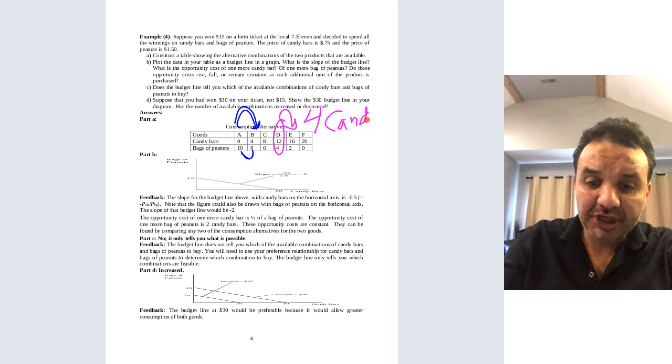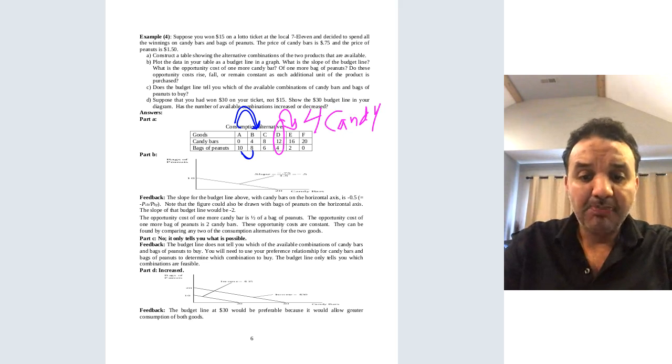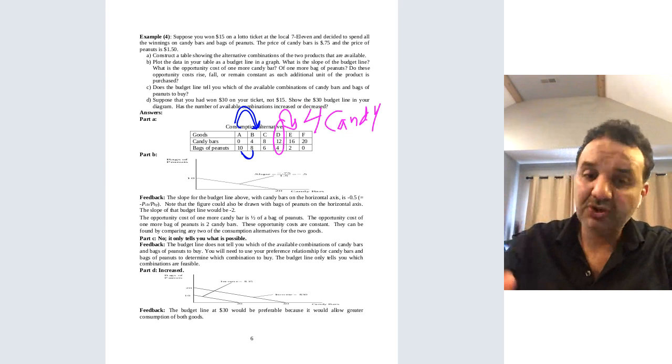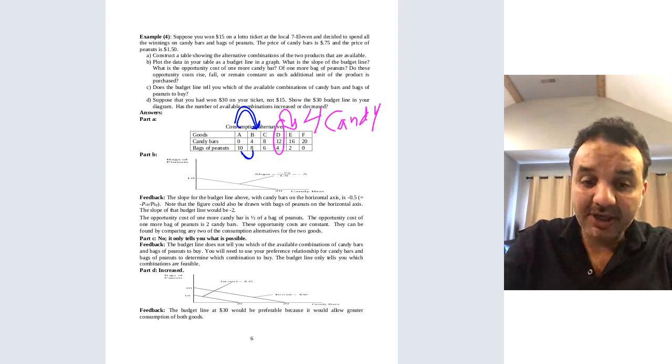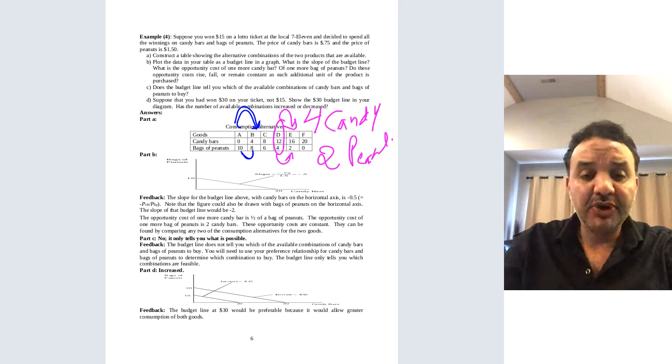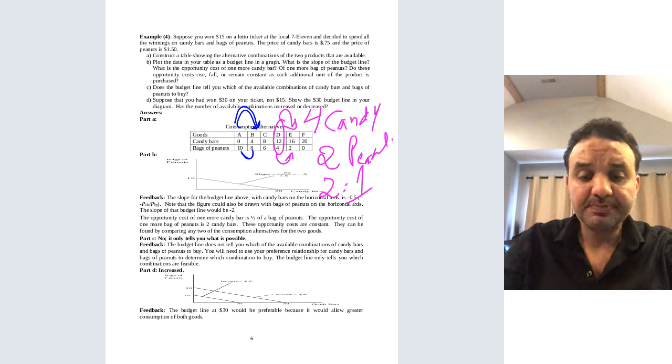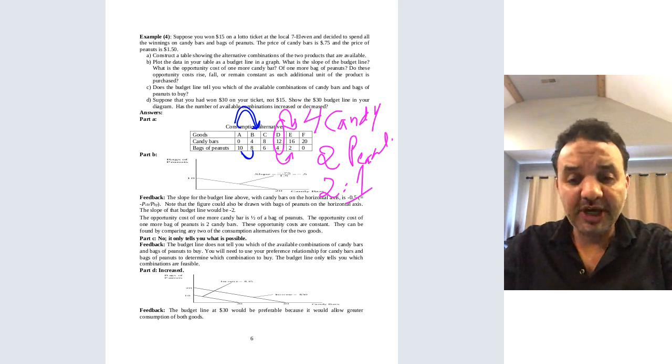But in order to get 4 additional candy bars, you have to sacrifice how many bags of peanuts? You have to sacrifice 2, because instead of 4, you will end up with 2. So the ratio is 4 to 2, or you can say the ratio is 2 to 1. In order to get 2 additional candy bars, you have to sacrifice 1 bag of peanuts.